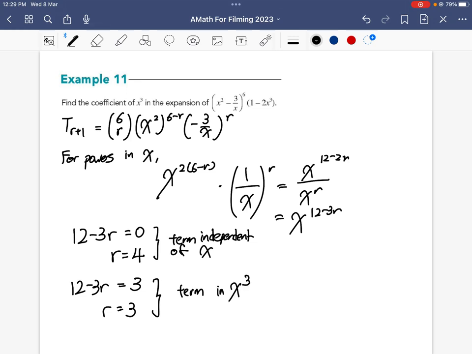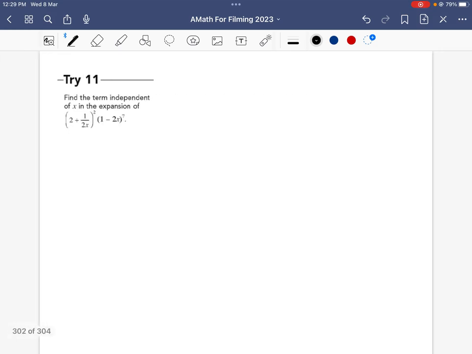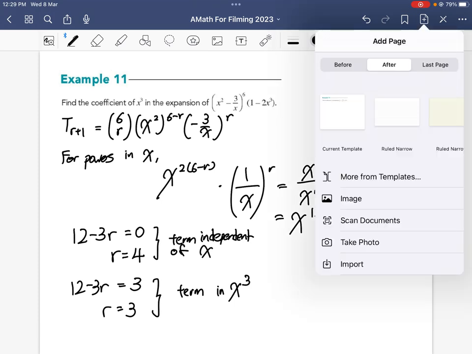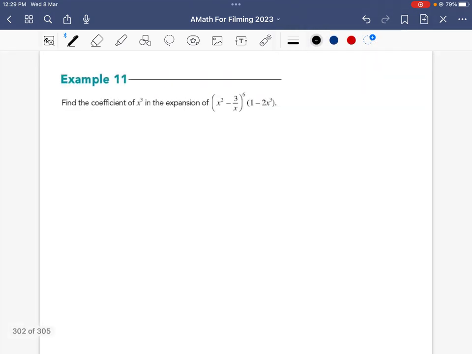So I have r equals to 4 and r equals to 3. I proceed to the next page first. So what I have is r equals to 4.